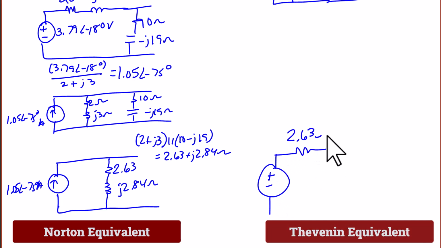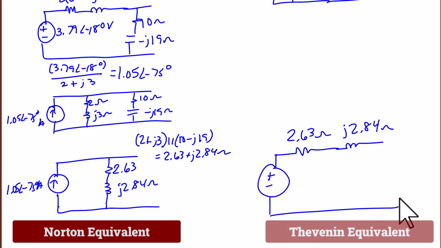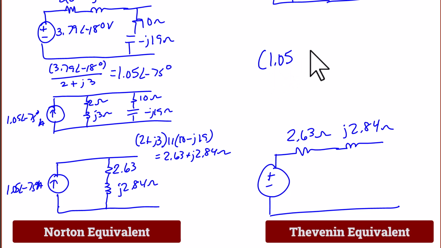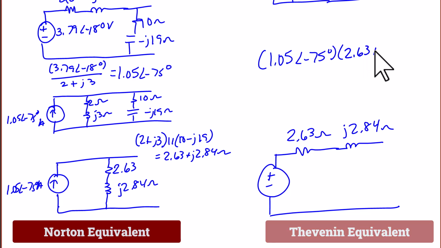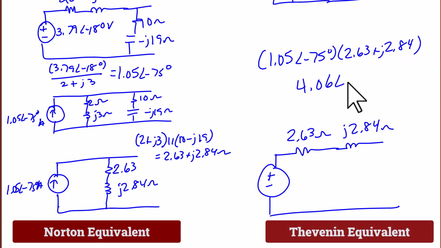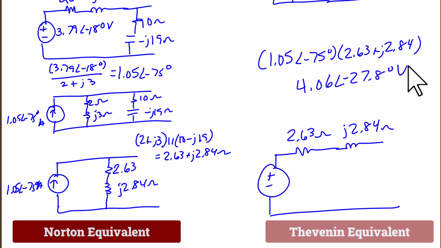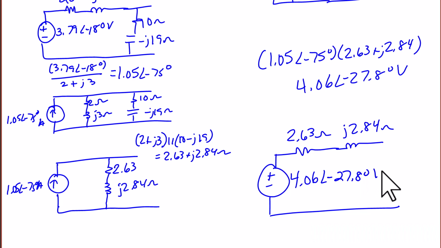Then we do a final source transformation to get the Thevenin equivalent circuit, and the Z Thevenin is 2.63 plus J2.84 ohms, and the value of V Thevenin, the Thevenin voltage, is 1.805 with an angle of negative 75 degrees times 2.63 plus J2.84, which is 4.06 with an angle of negative 27.8 degrees.